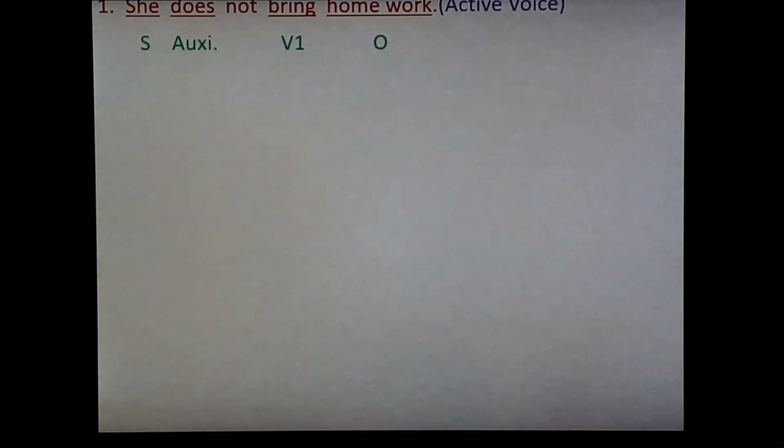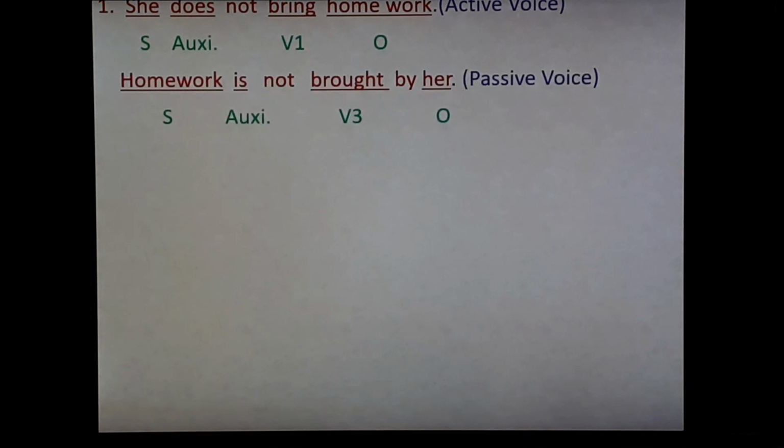Now let's see how to change from active to passive. Homework is the object, and the object becomes the subject in passive voice. So homework will come in the beginning. Then according to this subject, homework, you have to decide what to put here: is, am or are.